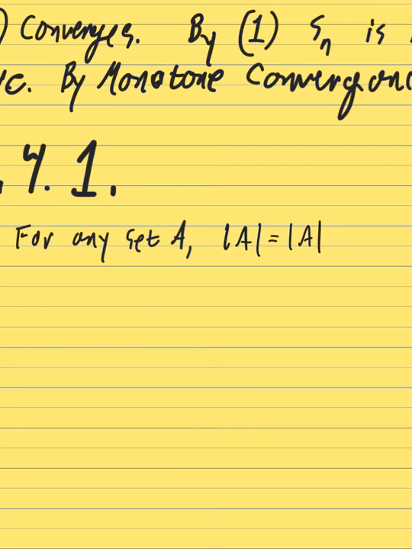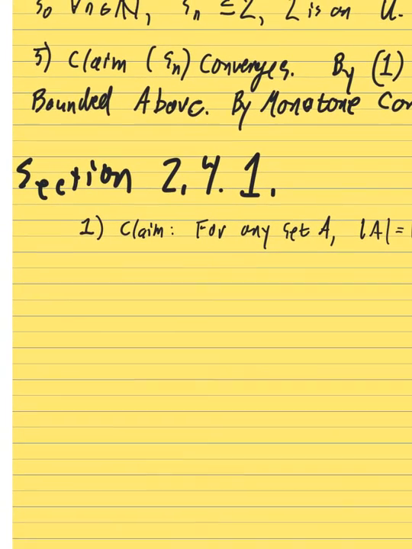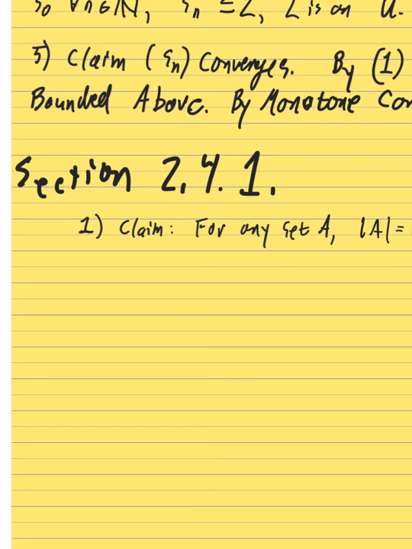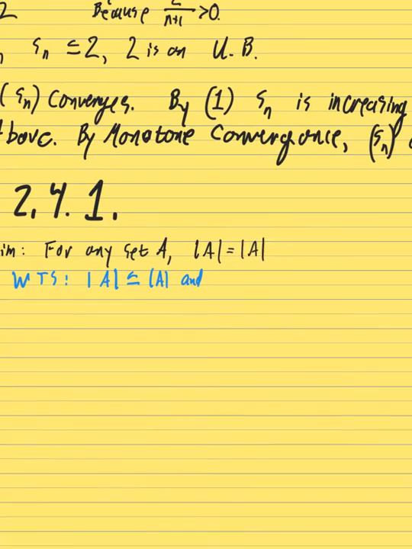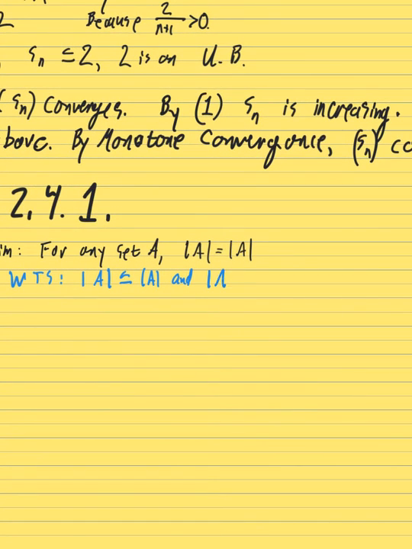Well, so let's unravel the things we want to show. What does it mean for two sets to have the same size? It means that the first of them has size less than or equal to the size of the second, and the size of the second, but that's the same as the first, is less than or equal to the size of the first.